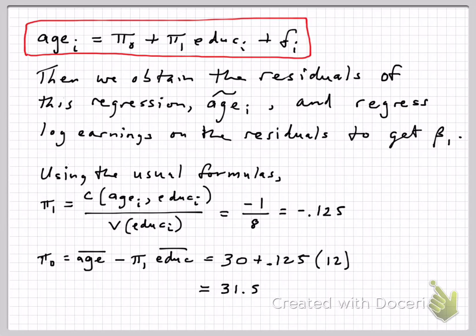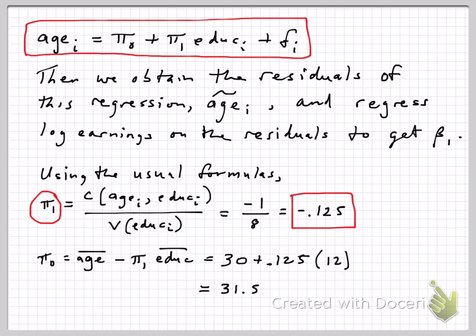So let's get started. We're going to use the usual formulas first of all to find the coefficients for the auxiliary regression. So the slope coefficient, pi 1, is of course the covariance of the two variables over the variance of the x variable, which is education in this case, and plugging in the numbers that we have from the table, you obtain that the slope is negative 0.125.